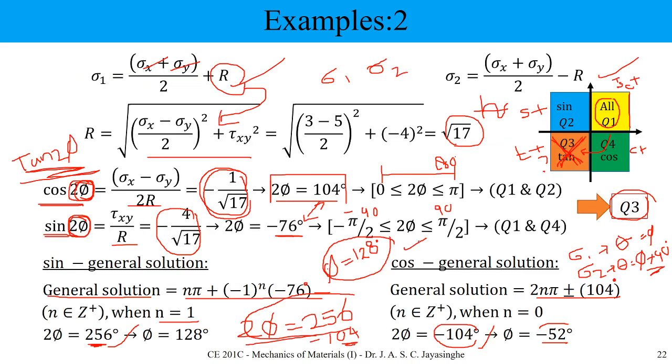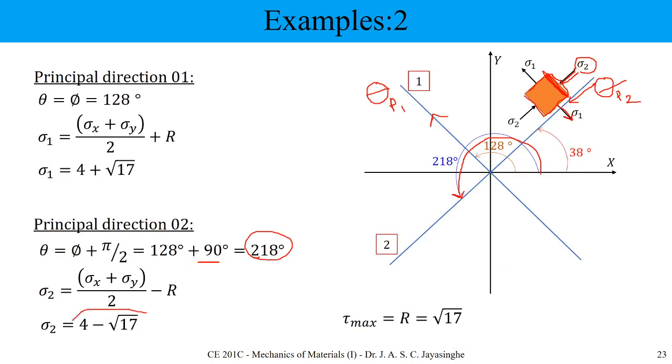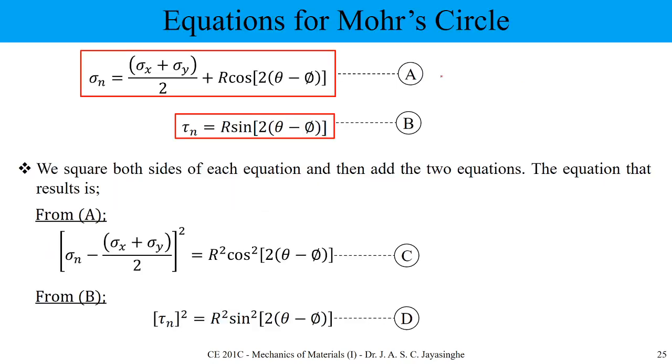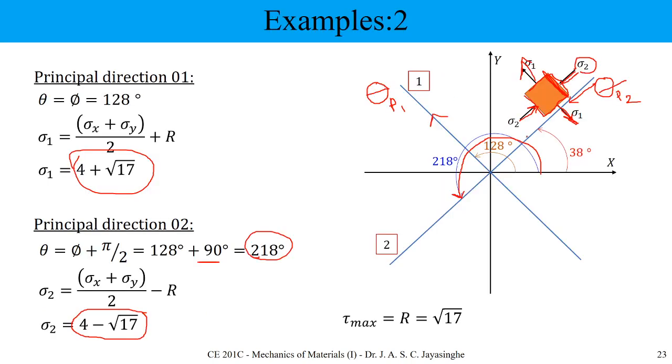So here, this is compressive, and this is 4 point something, and this is positive tension. So this is compressive. Simply, that's the end of the two examples.